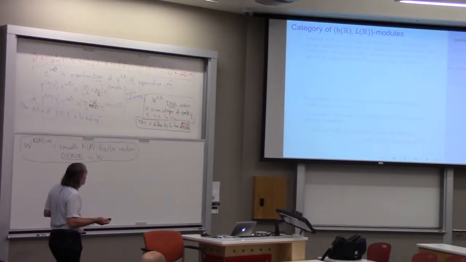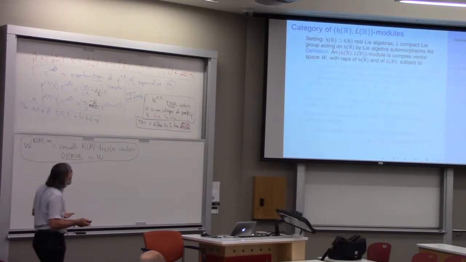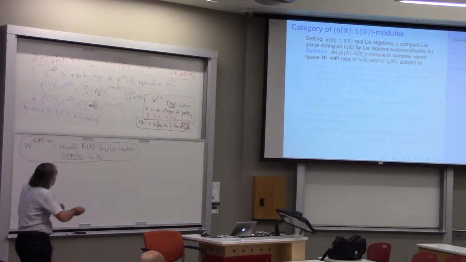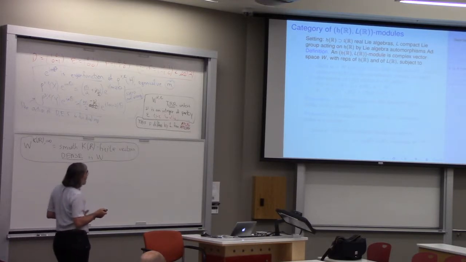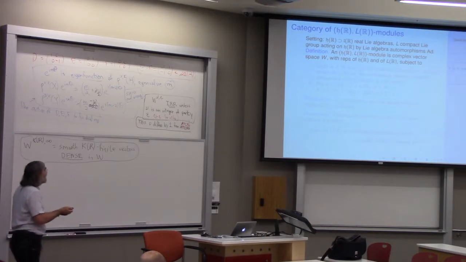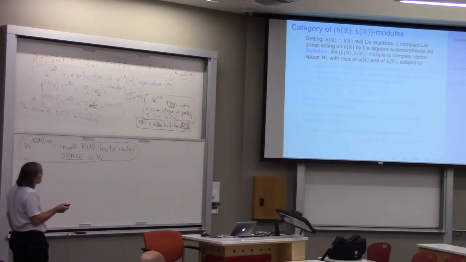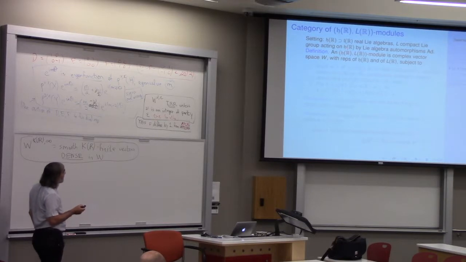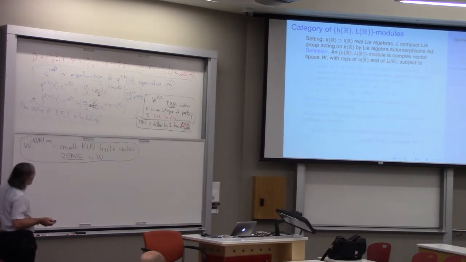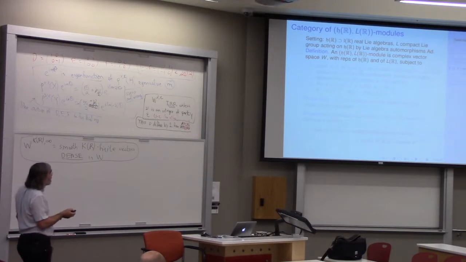So now we can make an abelian category. It's useful to have this in more generality than G and K. So whenever you've got two real Lie algebras with containment and a compact group with Lie algebra little l that acts on the big Lie algebra by Lie algebra automorphisms, then you can define an (h, L of R)-module.